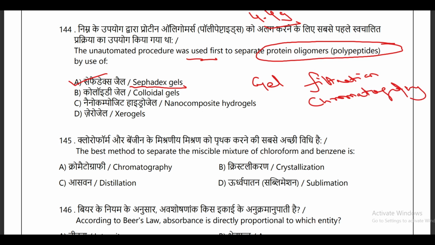Gel filtration chromatography is a technique to separate proteins, like protein oligomers, based on their sizes. This method is one of the best and first to be used in protein separation and also purification. So option A is your correct answer in this question.